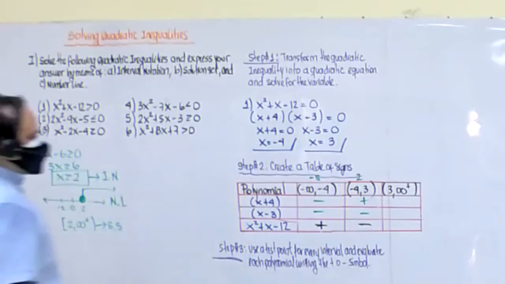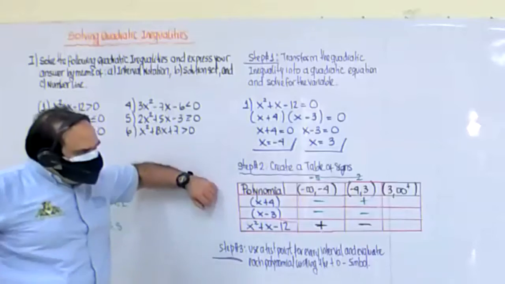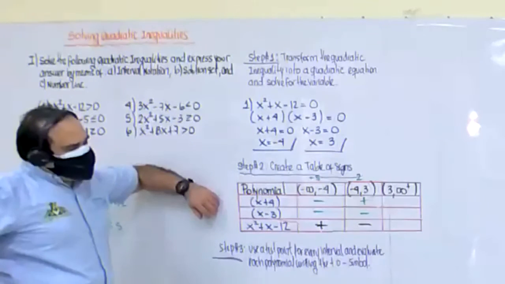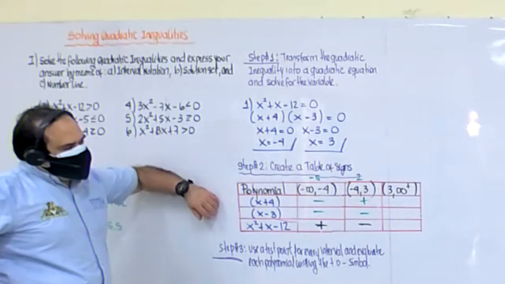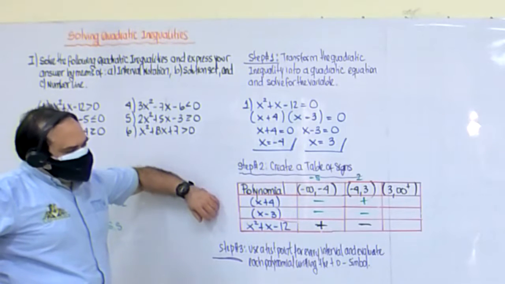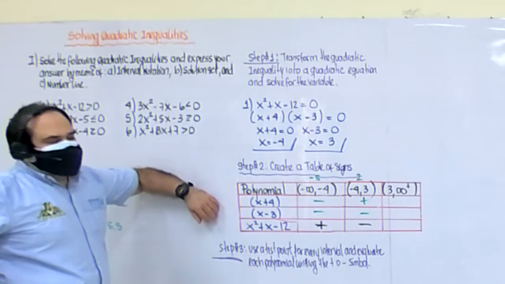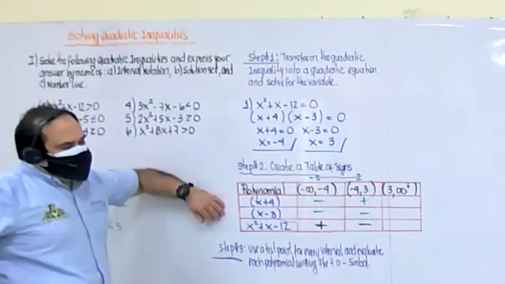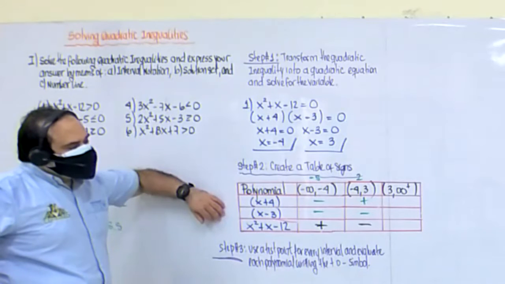For example, in the interval from negative infinity to -4, both of them were negative. So at the end, the answer was positive. And then from -4 to -3, one was negative and the other was positive. So instead of doing all that, we just put the answer of multiplying the signs of the numbers that are in the parentheses.